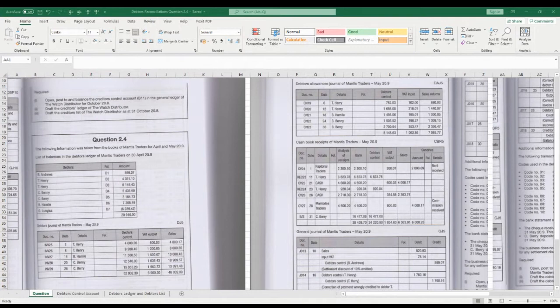Yes, that's what I'm asking. Okay, so you've given one answer already. For the debtors control, you said we'll take the opening balance from the debtors list. That's correct. Now, if you look at the debtors journal, what information from that journal will you use to capture your debtors control account?